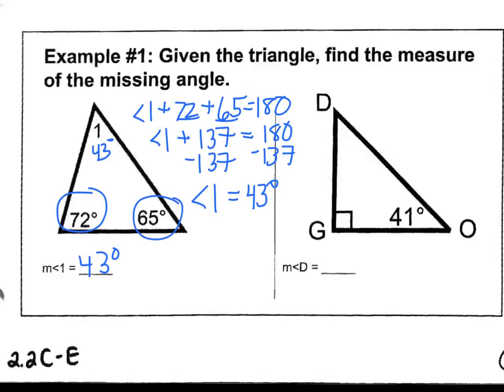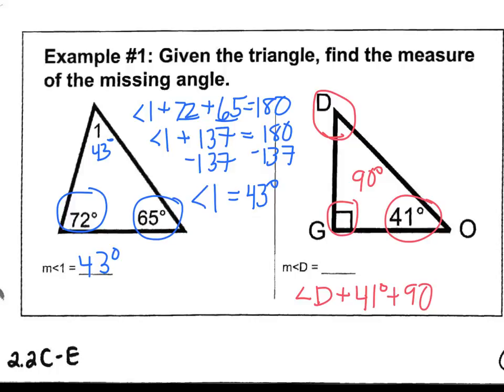So over here, I want to find angle D, which I'm going to get by adding it with 41 degrees. And this block here we know means 90 degrees, to get a total of 180 degrees. Every single triangle's angles add up to 180 degrees.